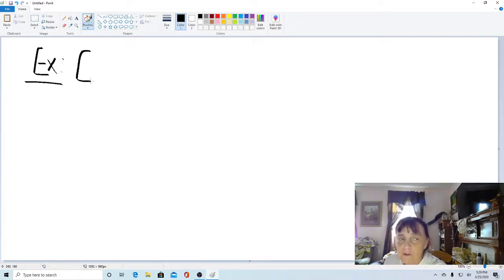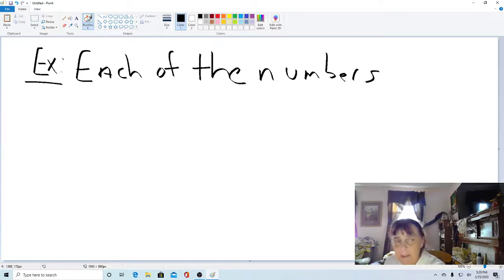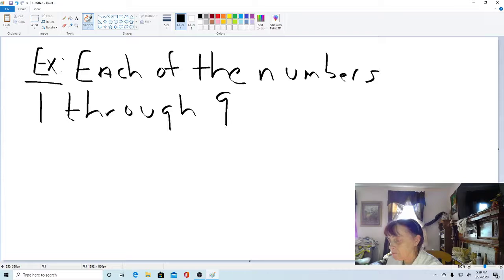Each of the numbers one through 9 is written on a sheet of paper.